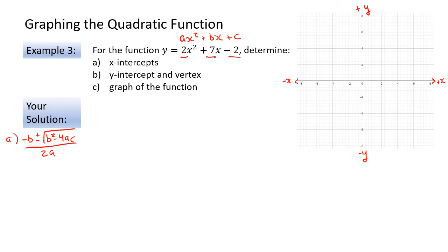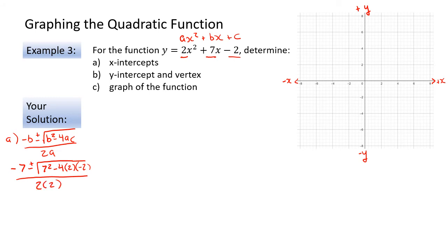So we can substitute these in for each of the variables. So we have negative b, which is 7, plus or minus the square root of 7 squared minus 4 times a, which is 2, times c, which is negative 2. And that is all divided by 2 times a, which is 2.